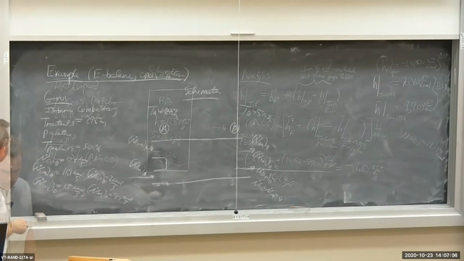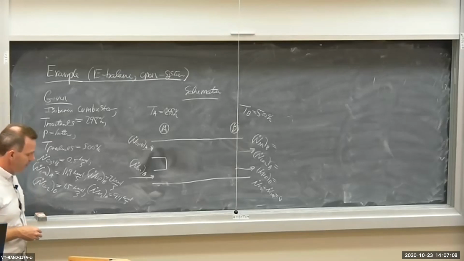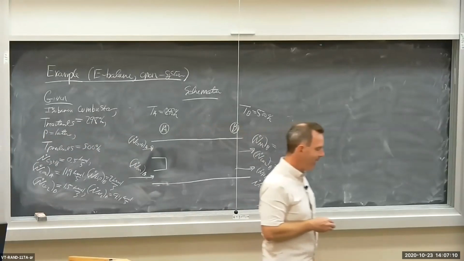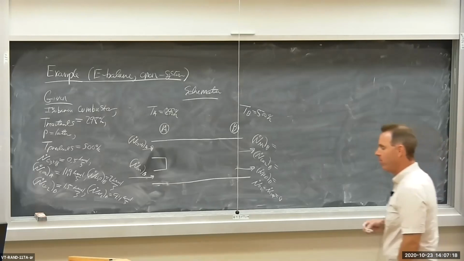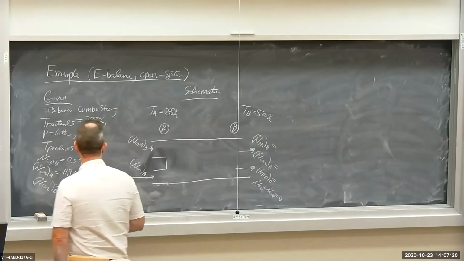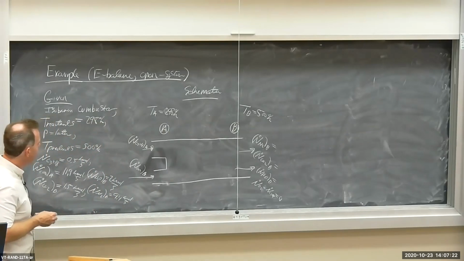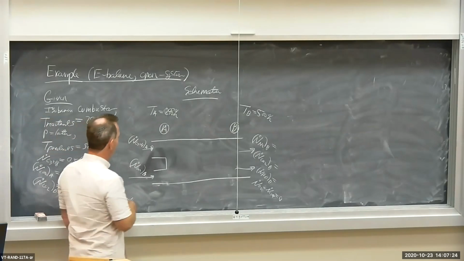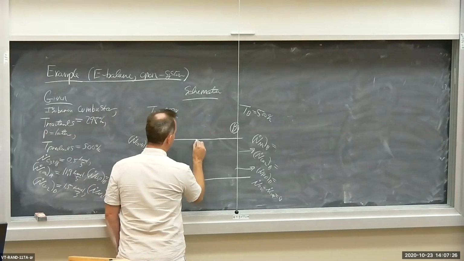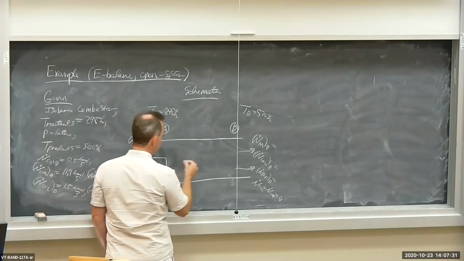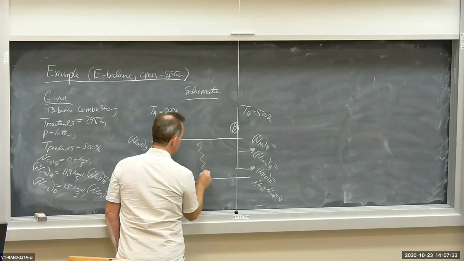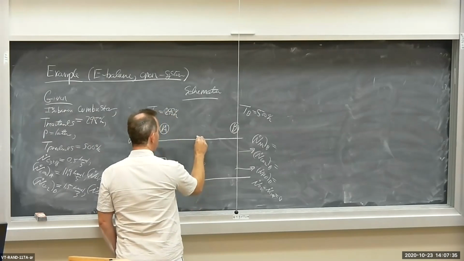All right, ladies and gentlemen, let's proceed here. Now that we know how to calculate specific enthalpy, which includes the effects of the chemistry, let's move on directly to an energy balance problem involving a reacting system. What we have here is an isobaric combustor. We have reactants flowing in on the left and products flowing out on the right, and we have some sort of a flame here.